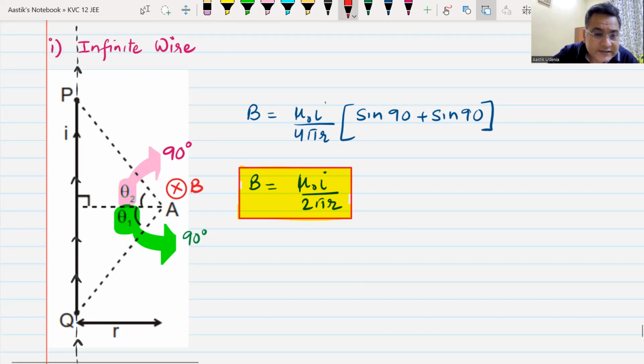Do we understand this? Yes or no? This is the magnetic field due to an infinite wire. We have done nothing extravagant. We have just put the values from the standard result and got our answers.